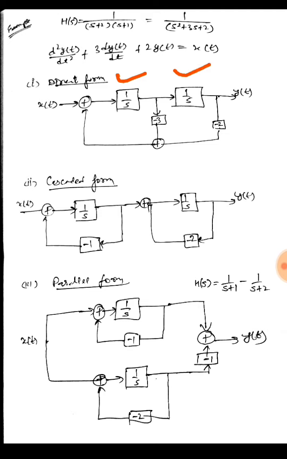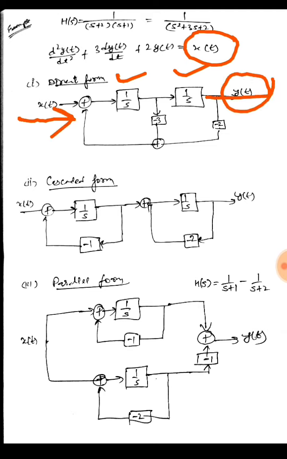Now we can see in this equation, this is our x(t) on the right hand side, so we will represent x(t), and out of the second block I will take y(t). As the coefficient is 2, I will take the output y(t) and multiply it with -2.